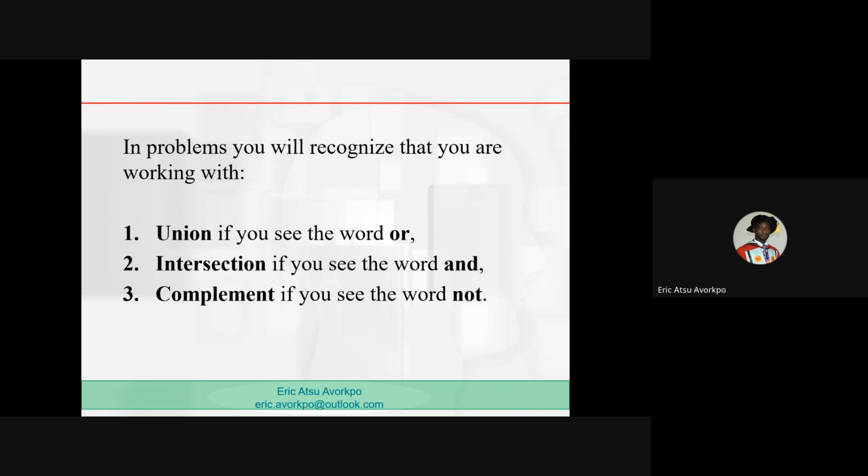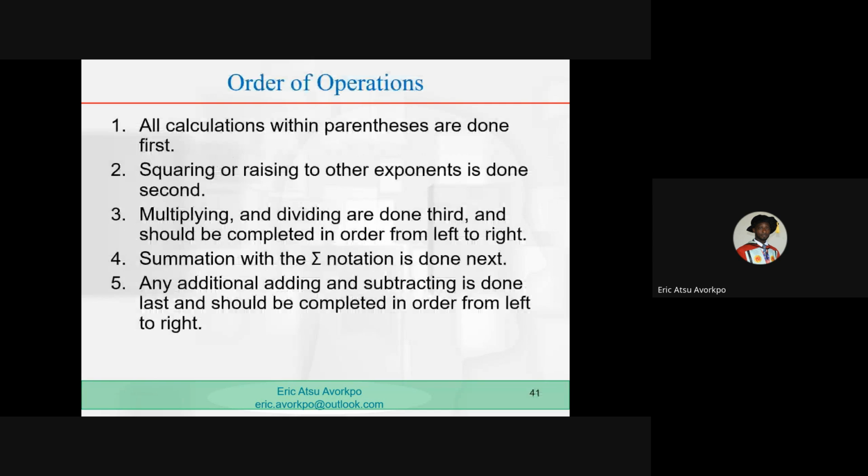And when we are using the word complement, we'll be using 'not'. Take note of all this. It is going to be very important, because you will only be given a statement, and you need to know that 'or' means union, 'and' means intersection, and 'not' means complement.